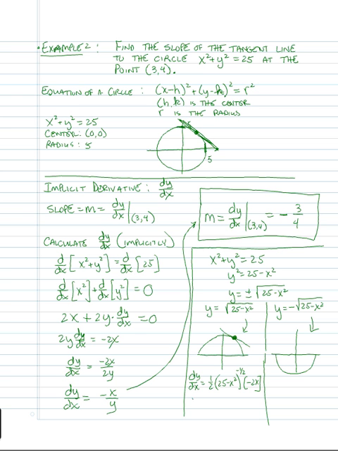When we simplified all that, negative 2 times 1/2 is a negative 1, so we'd have a negative x in the numerator, and the square root of 25 minus x squared in the denominator. Then we could calculate the slope of the tangent line that we're referring to here, and we could have done it explicitly.